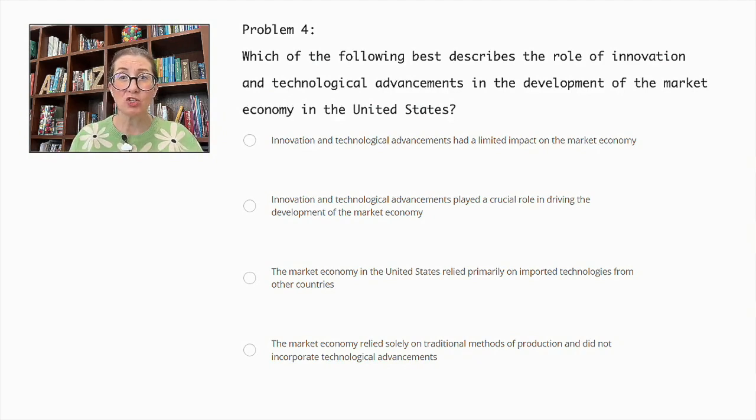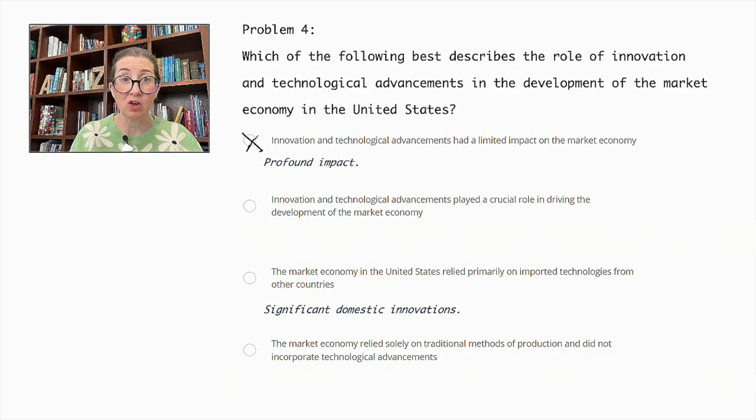Innovation and technological advancements had a profound impact on the market economy, transforming production processes, increasing efficiency, and enabling the growth of new industries. So let's cross that out. The assertion that the market economy relied mainly on imported technologies is inaccurate.